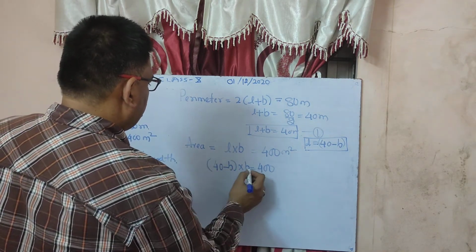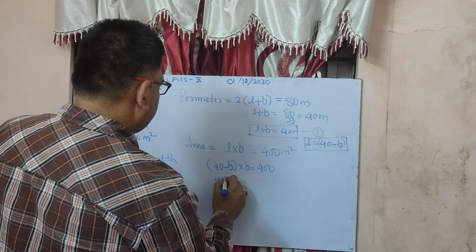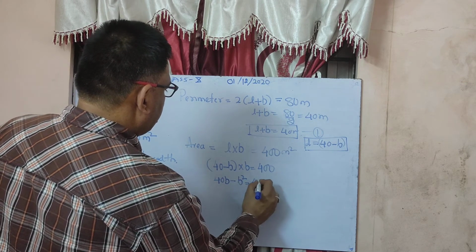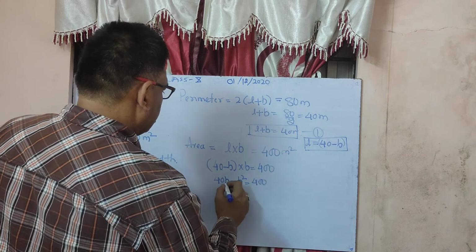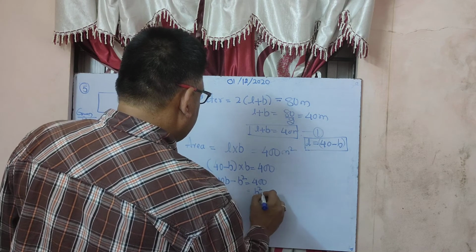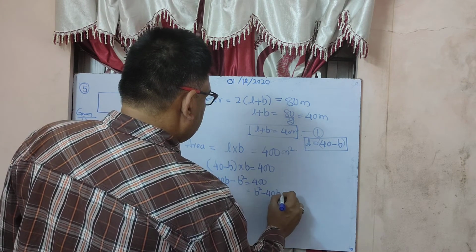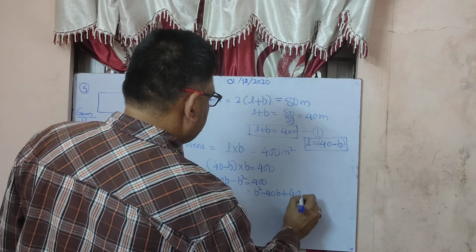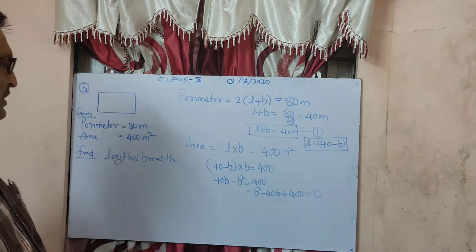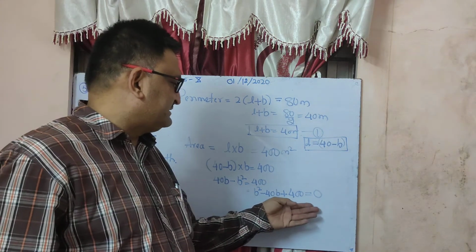Now just multiply. 40 into b is 40b, minus b into b is b square, equal to 400. Now just transfer all these things this way. So b square minus 40b plus 400 is equal to 0. Now you can see this is a quadratic equation.